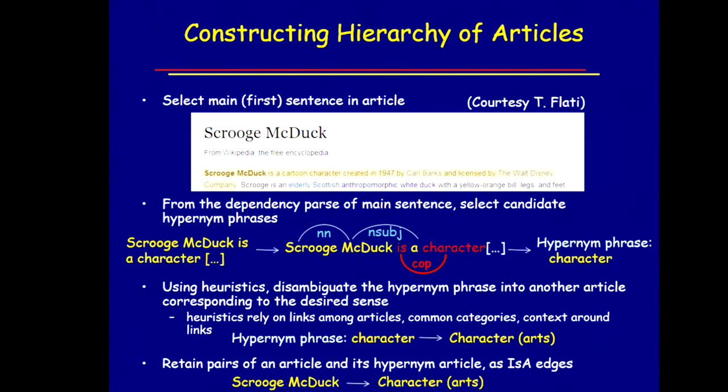And now we're going to a bit more details of what I've told you earlier. This is the article we're processing, Scrooge McDuck. It's also a cartoon character. As you can see, the first sentence looks kind of definitional, right? Cartoon character tells you created when, by whom, and then owned or licensed by Walt Disney.